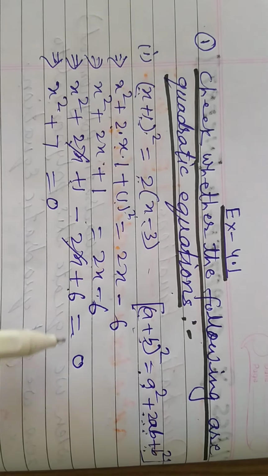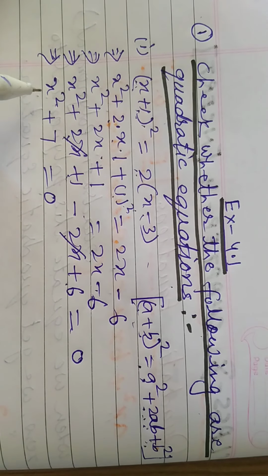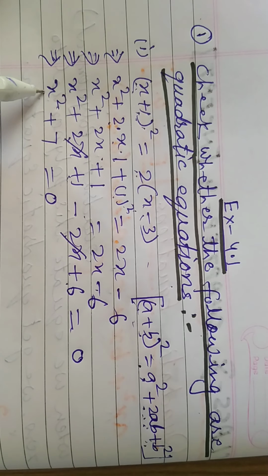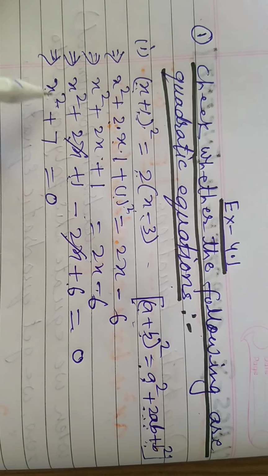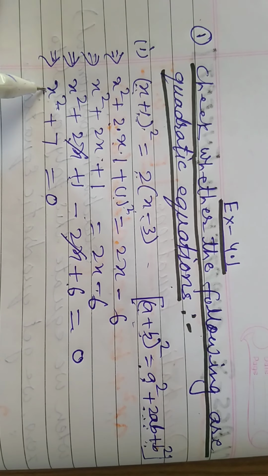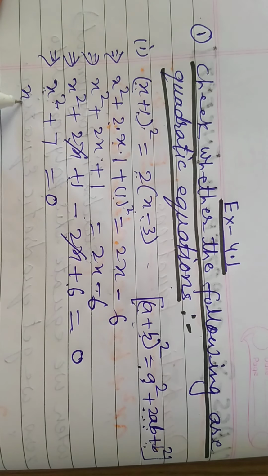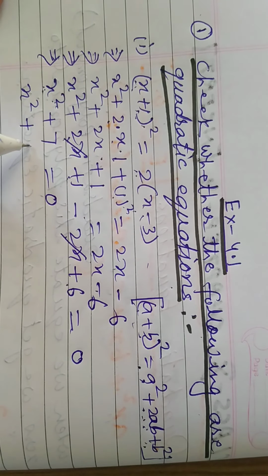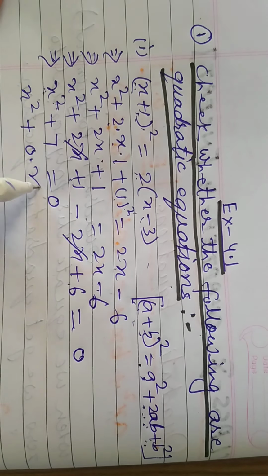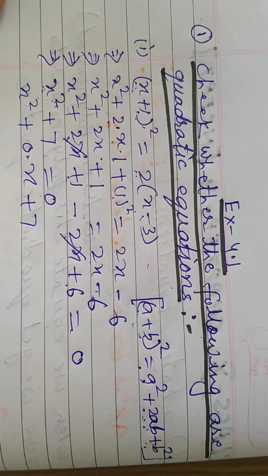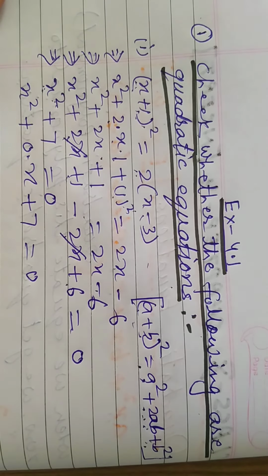So easily we can say that x square, the power, any variable, I told you that any variable whose power is 2 is a quadratic equation. So we can write this way also: x square plus 0 into x plus 7 equal to 0.